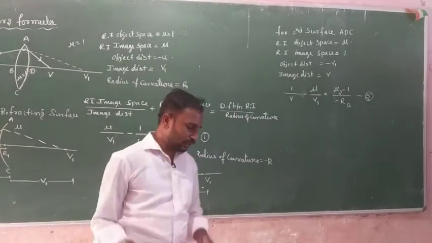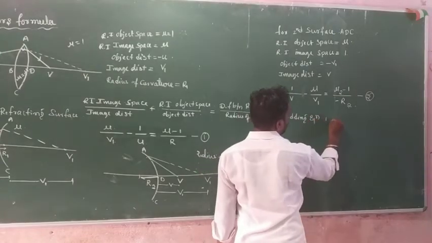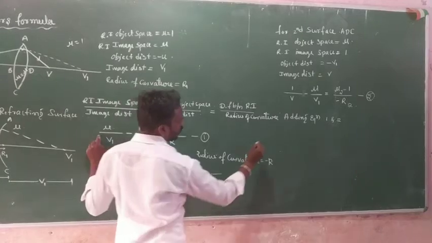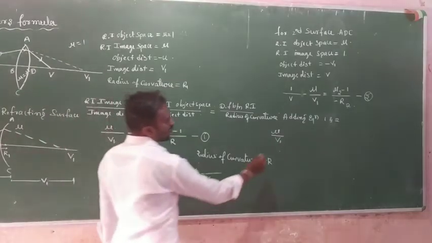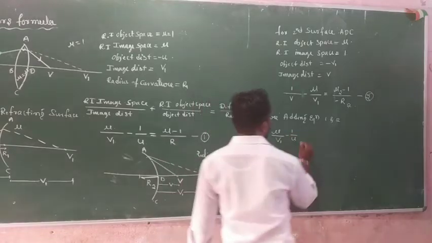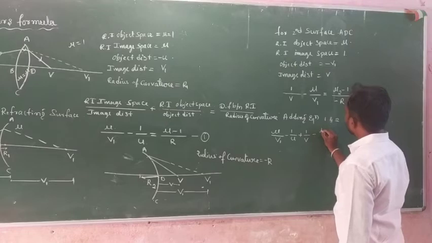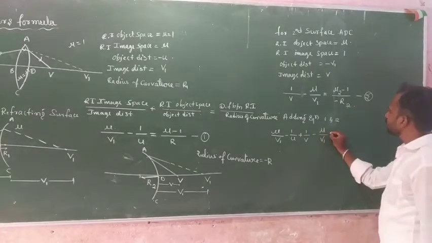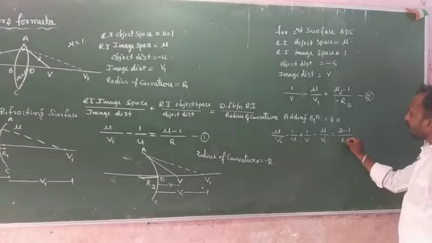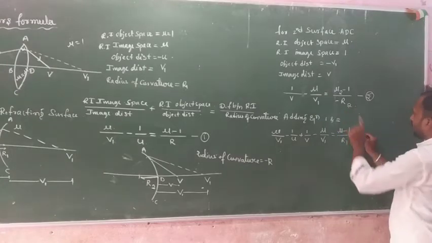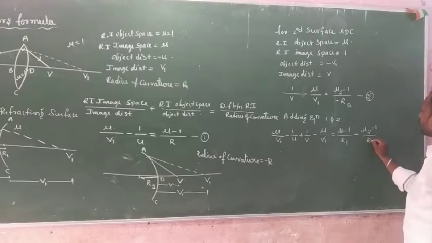Adding equation 1 and 2. Okay, equation 1: mu divided by V1, minus 1 by u, plus 1 by v minus mu by V1, is equal to mu minus 1 divided by r1, plus into minus, so minus, mu2 minus 1 divided by r2.